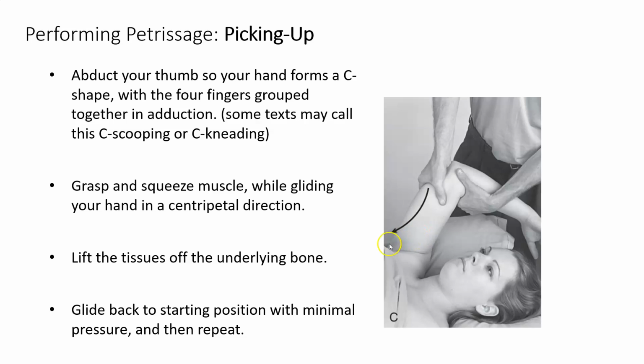You don't break contact. You slide back up to distal, and you perform the C, picking up again from distal to proximal, working towards the axilla here. So we glide back to the starting position with minimal pressure, and then repeat with increased pressure that picks the muscle up off the underlying bone, and then we gently glide back again.